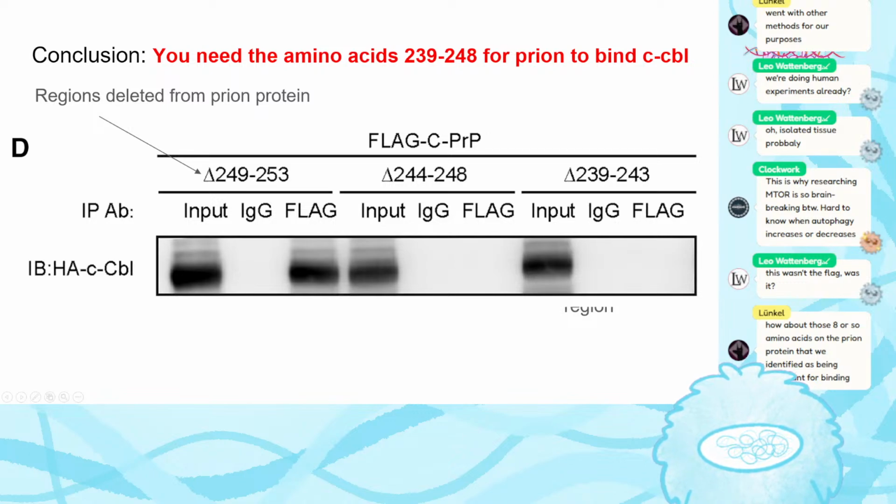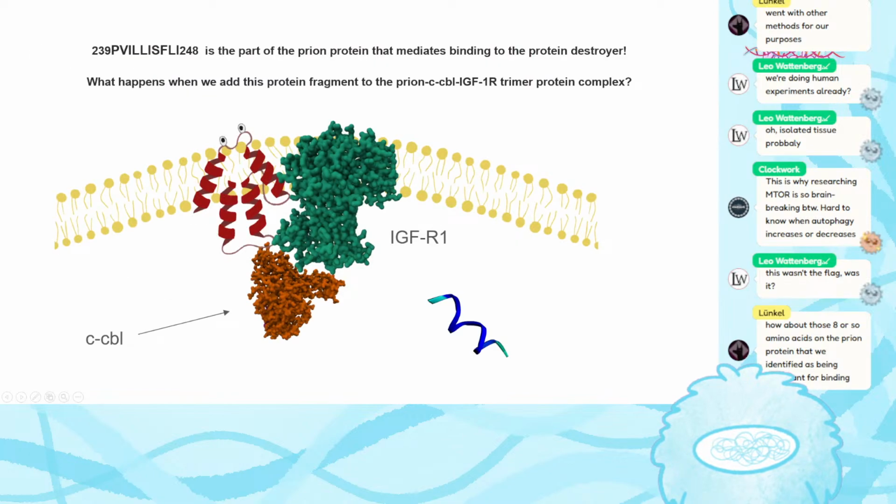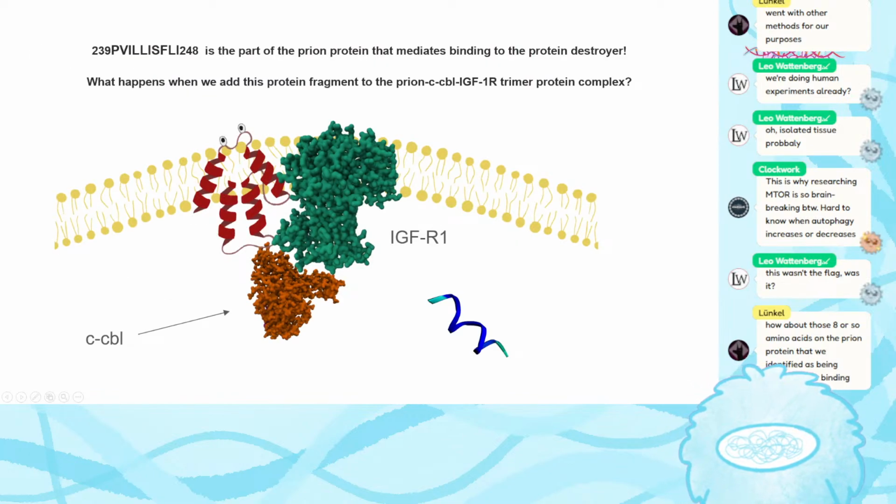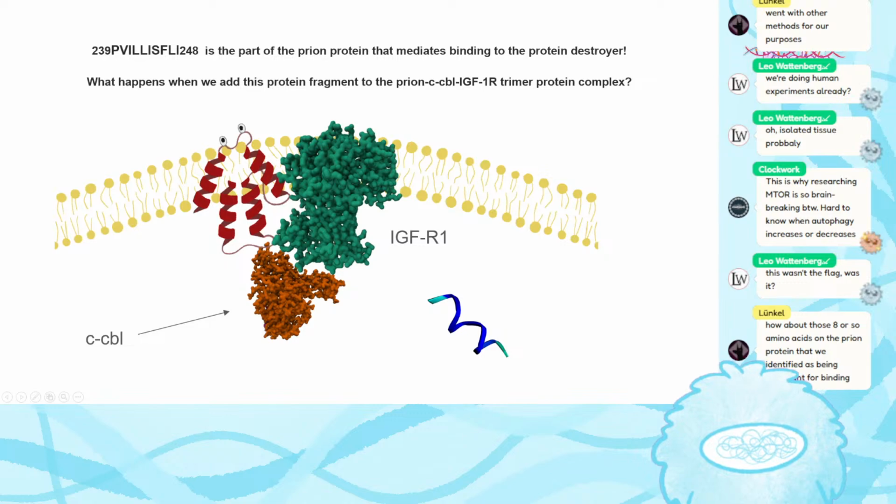So yeah, exactly. Remember, you need the amino acids 239 to 248 to bind this protein destroyer. So here's the experiment. This is the peptide 239 PVILLISFLI 248: proline, valine, isoleucine, leucine, isoleucine, serine, phenylalanine, leucine, isoleucine.